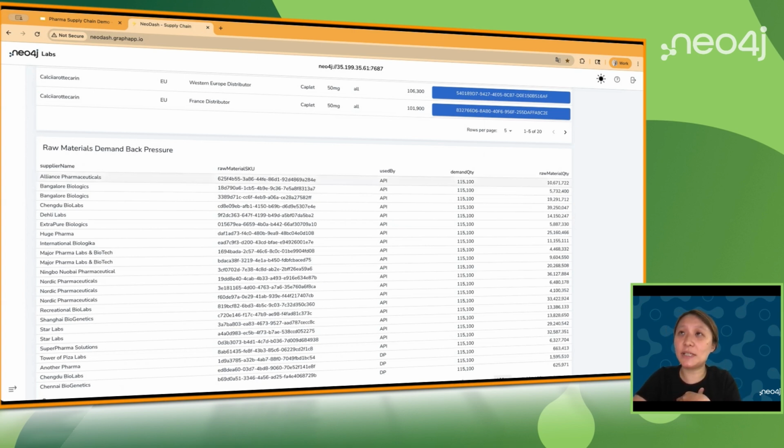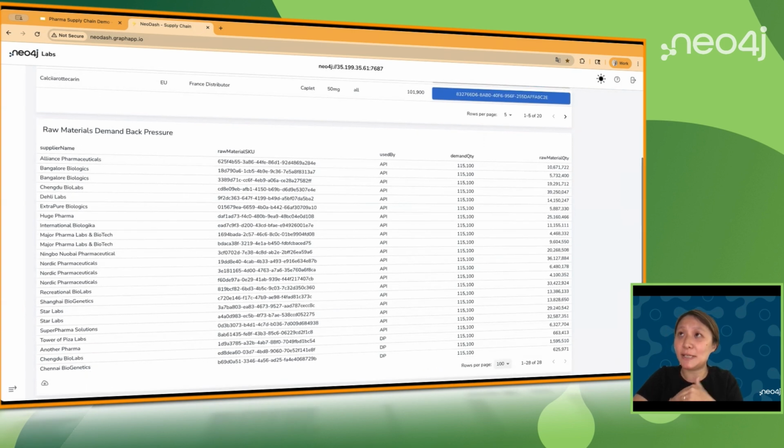So for this SKU, I need, for example, a lot of the raw material from Alliance Pharmaceutics. So don't underestimate this simple table here. It looks simple, but actually it is impossible for us to get before we model our data using Neo4j. As Jeff said, this really requires the database to traverse the deep chain, which I showed you has more than 46 steps, and make path-wise aggregation.